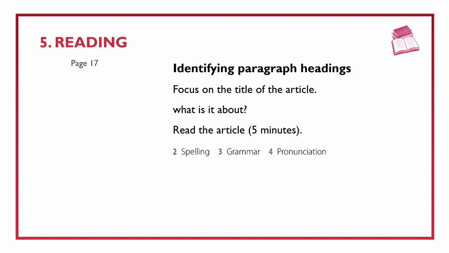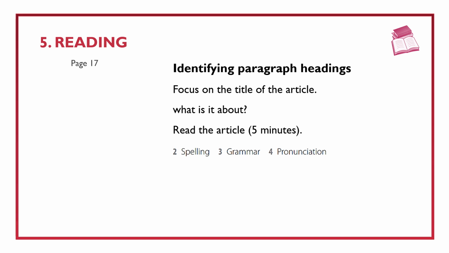Let's look at the answers. So paragraph 2 is about spelling, paragraph 3 is about grammar, and paragraph 4 is about pronunciation. These are the suitable headings for each paragraph. So for now, you learn 2 words related to reading and articles.